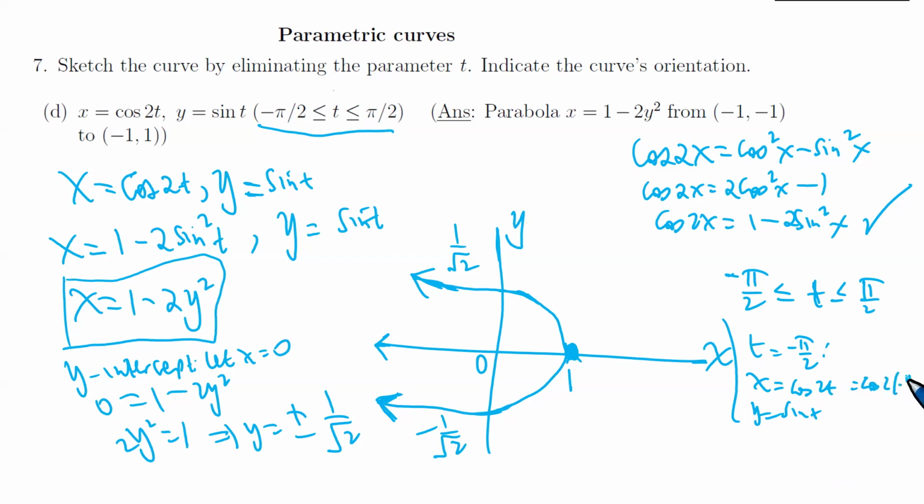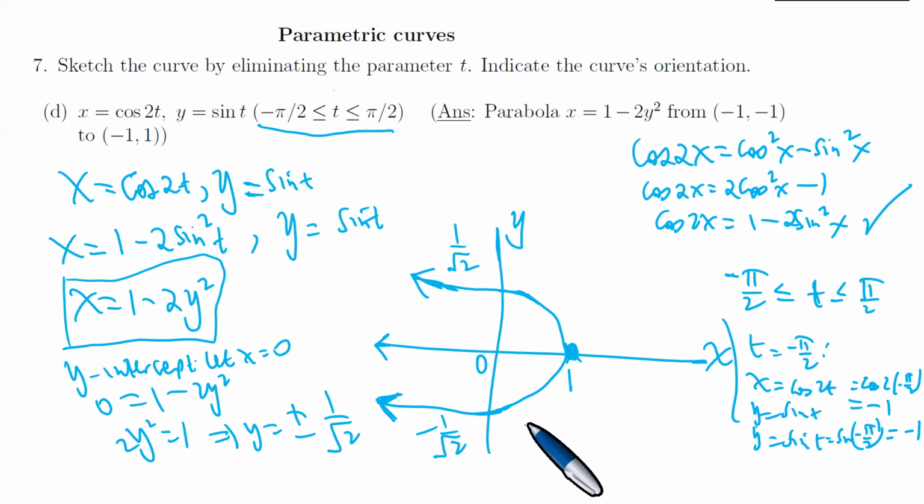Cosine of minus pi, which is minus 1. And y is the sine of minus pi over 2, which becomes minus 1.